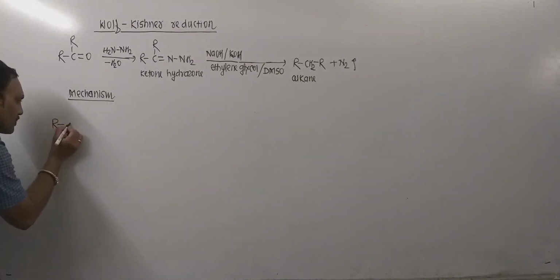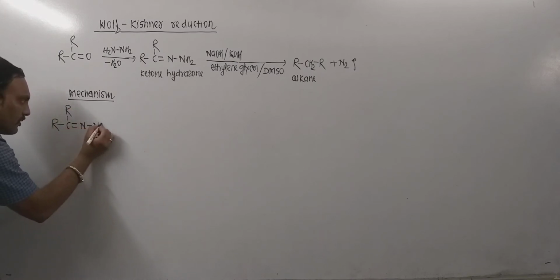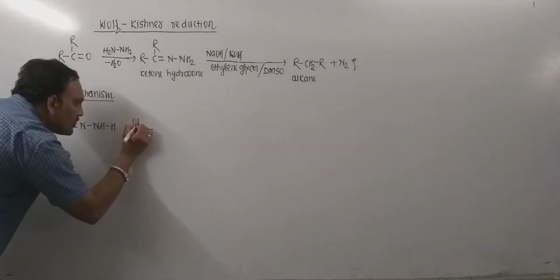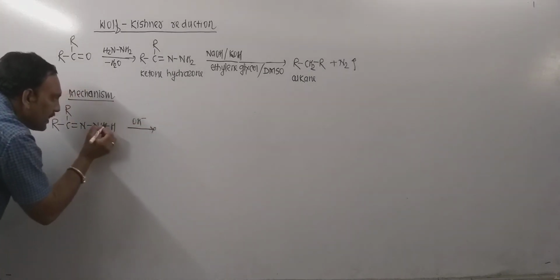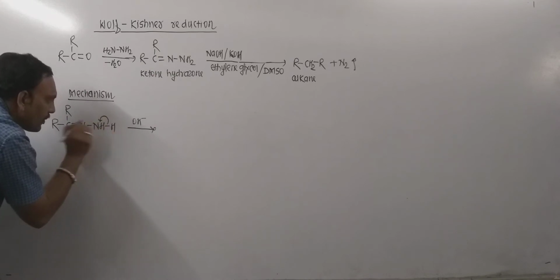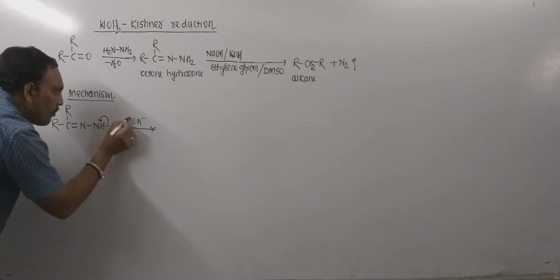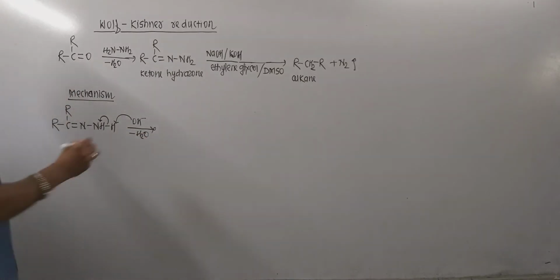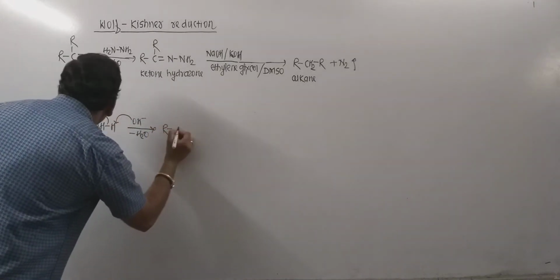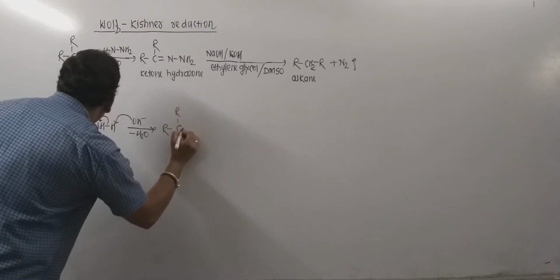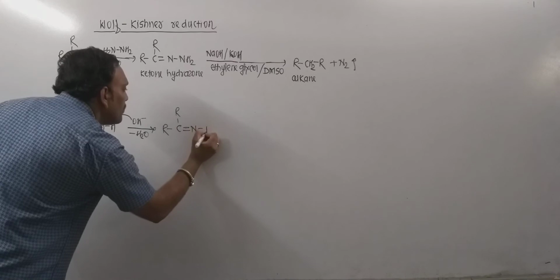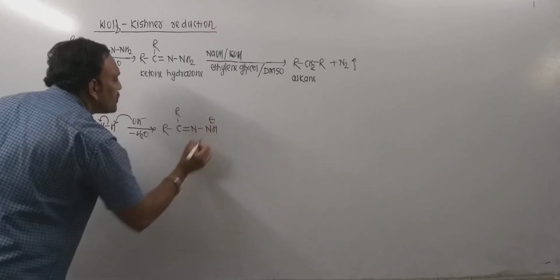This is the ketone hydrazone, in which this hydrogen is readily removed so that the electron pair remains at the nitrogen, and this base removes the hydrogen in the form of water. So this leads to the formation of an intermediate species.